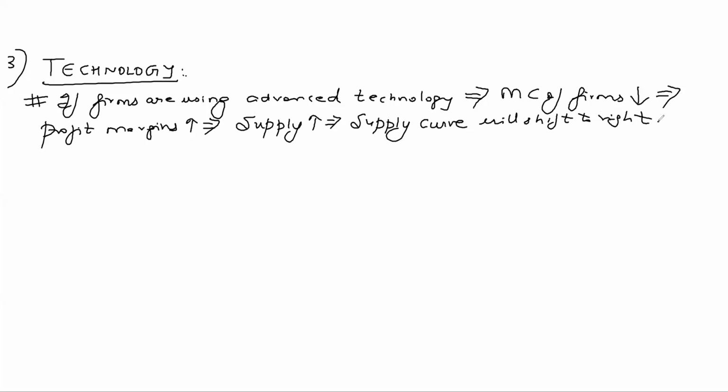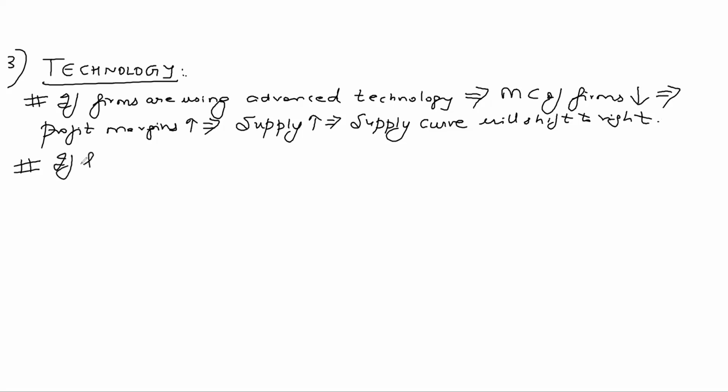At the same price, supply is going up because using advanced technology reduces the marginal cost of the firms in some or the other way. The example which I have taken is that suppose a new technology has come up which requires lesser manpower. As a result, you'll be hiring less workers, you'll be paying them comparatively lower wages, which in turn will cause your profit margins to go up. So you will be motivated to supply more.